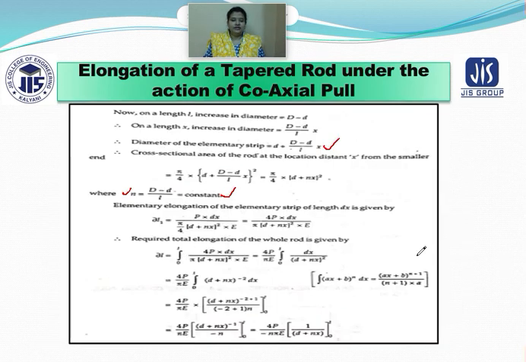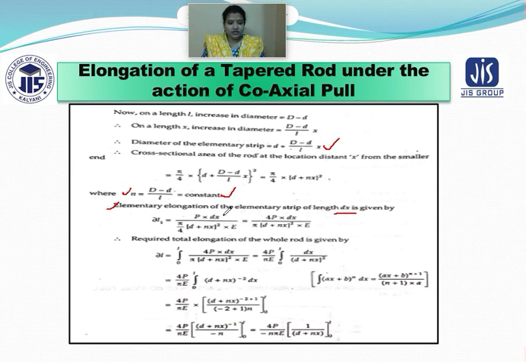That is what I did: initially I am finding out the elongation of the elementary strip at a length of dx, and it is given by, again I am telling the same formula, the change in length is P into L by A into E. P is the load that has been given, and L is the distance you have considered. For the elementary strip the distance is considered as dx.